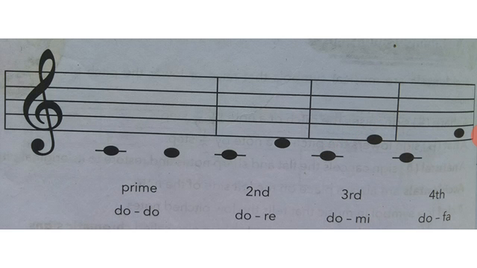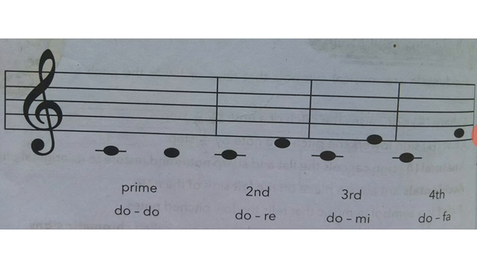So another is, look at your book on page 25, do sol, 5. So do, re, mi, fa, sol. Next is do la, we have 6. Do, re, mi, fa, so, la.